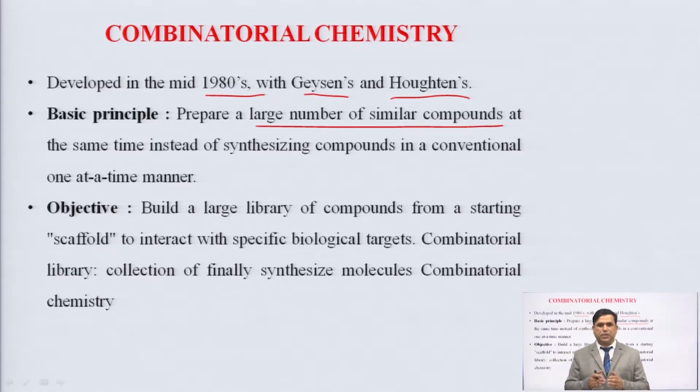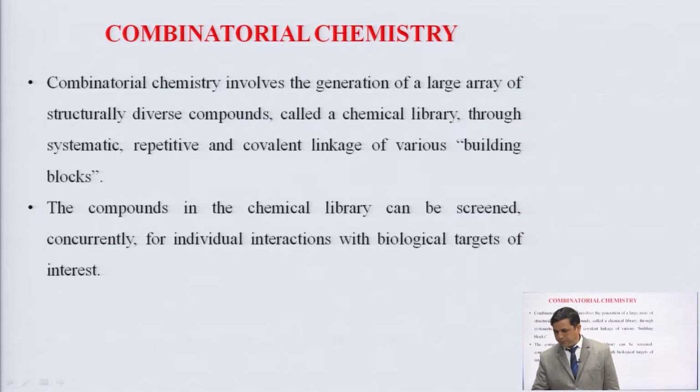When we are synthesizing the compounds, they are not synthesized in one step; we have to apply step by step synthesis. So, we have to choose the scaffold, a simple structure, to interact with the specific biological target. That is the combinatorial library, the collection of the finally synthesized molecules in combinatorial chemistry.